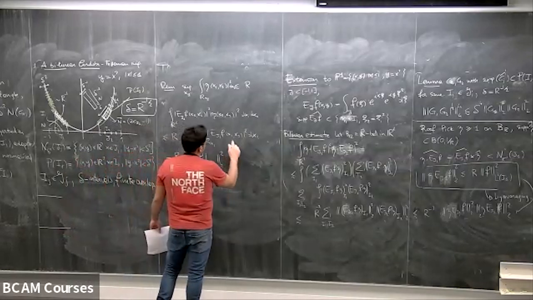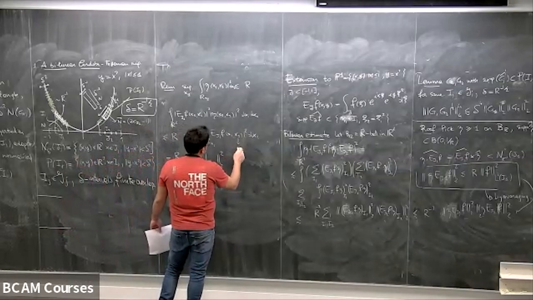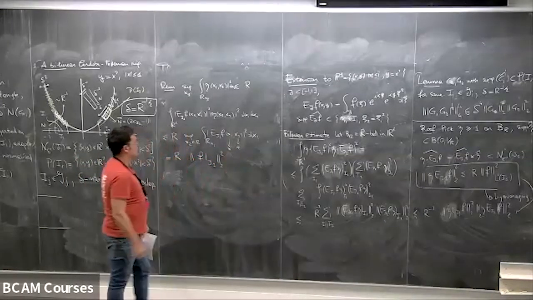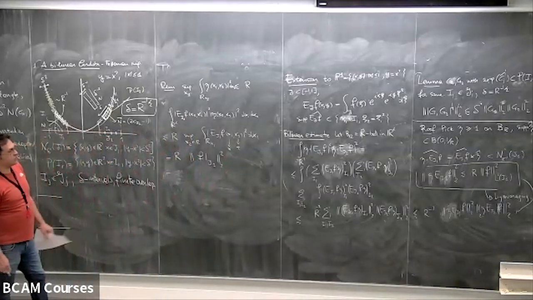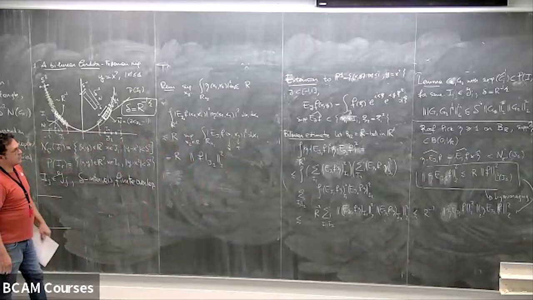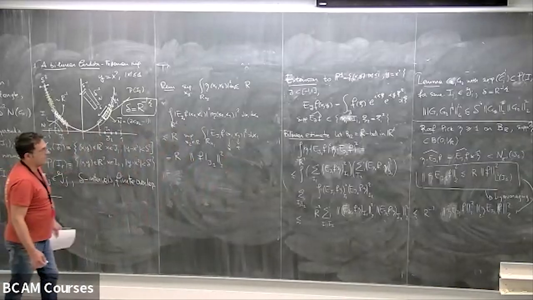You can think of this as a time variable in the Schrodinger equation, and this is the spatial variable. So it's the conservation of mass for the Schrodinger equation that you can just compute by looking at the propagator. Okay.